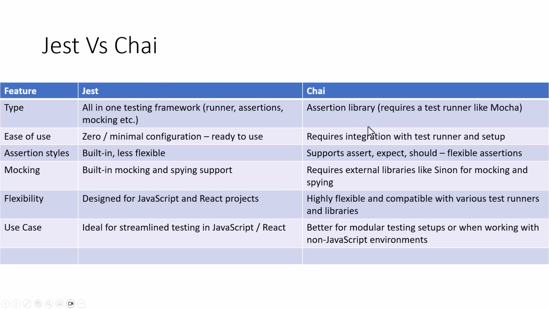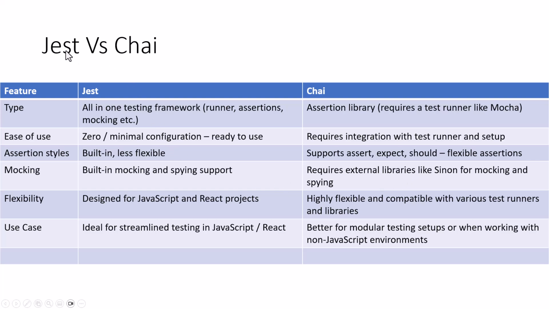Whereas with Chai, because this is an assertion library, you need a runner, of course, and if you're going to be mocking, then you need other libraries like Sinon and so on. And Jest, I mentioned, has built-in support for mocking and spying. Chai, on the other hand, requires external libraries.